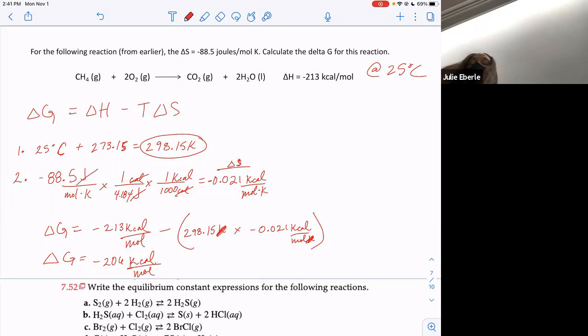You have a question, Justin? Delta G? Yeah, in lecture, when I first introduced this, I always gave you calories. So all we did was calories to kcals. But this was just an extra step going from joules to calories and then to kcals.